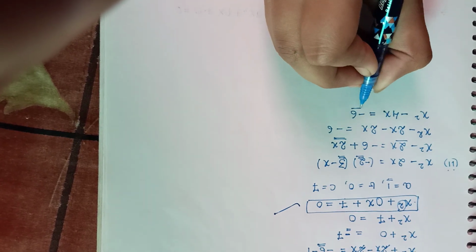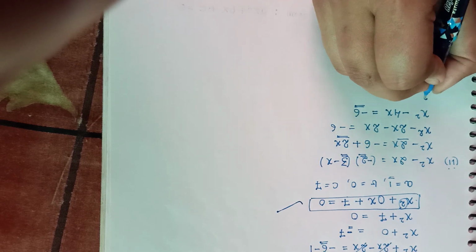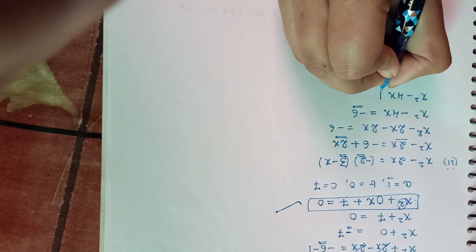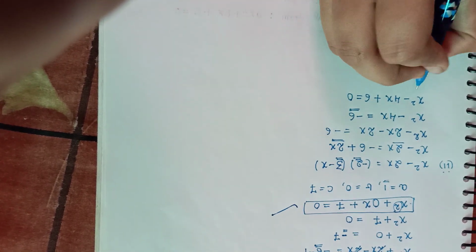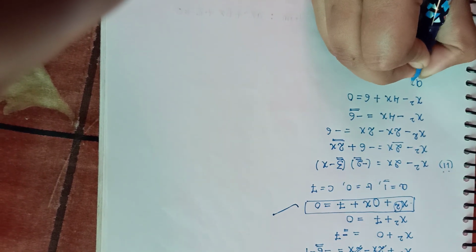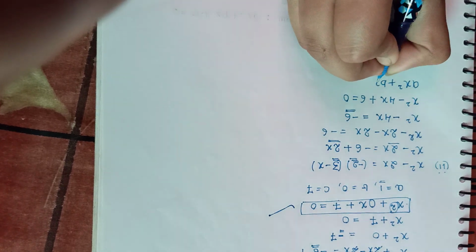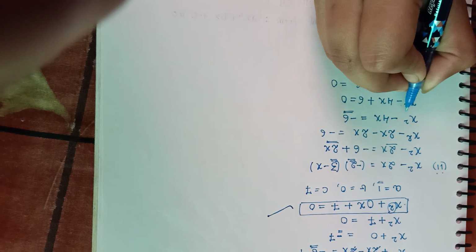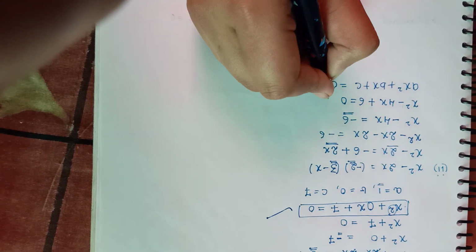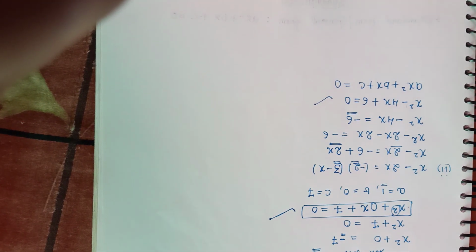I am just shifting minus 6 to the left hand side, so the equation becomes x square minus 4x plus 6 equals to 0. This equation is in the form of ax square plus bx plus c with the highest power 2. It means that it is a quadratic equation.